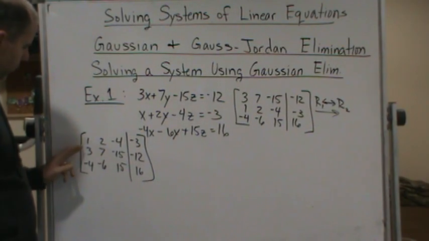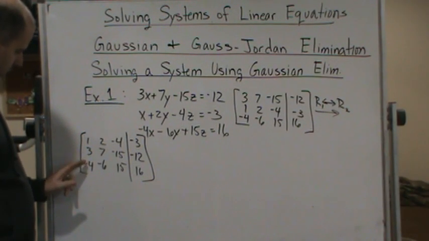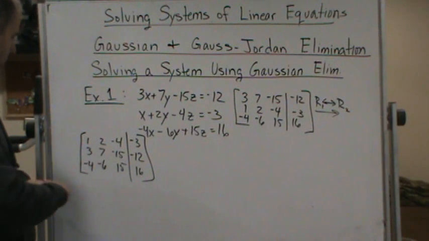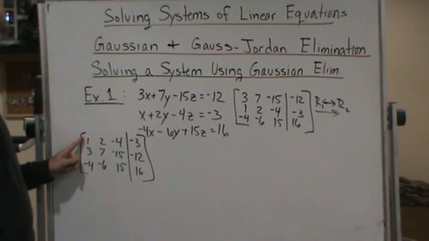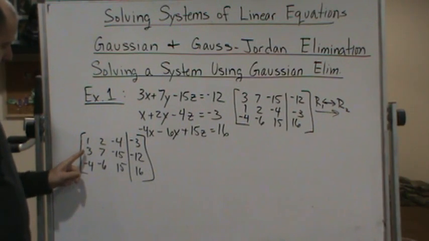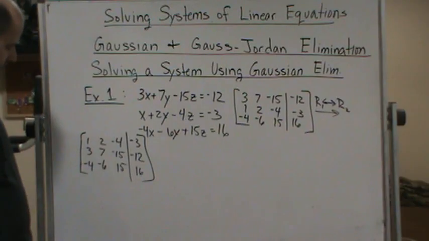So now what we want to do is eliminate these two to be 0. We want the 3 and the 4 to be 0. This is where the 1 becomes very handy, and that's why we want the leading 1, because we're going to use the leading 1 to get rid of the 3 and the negative 4.